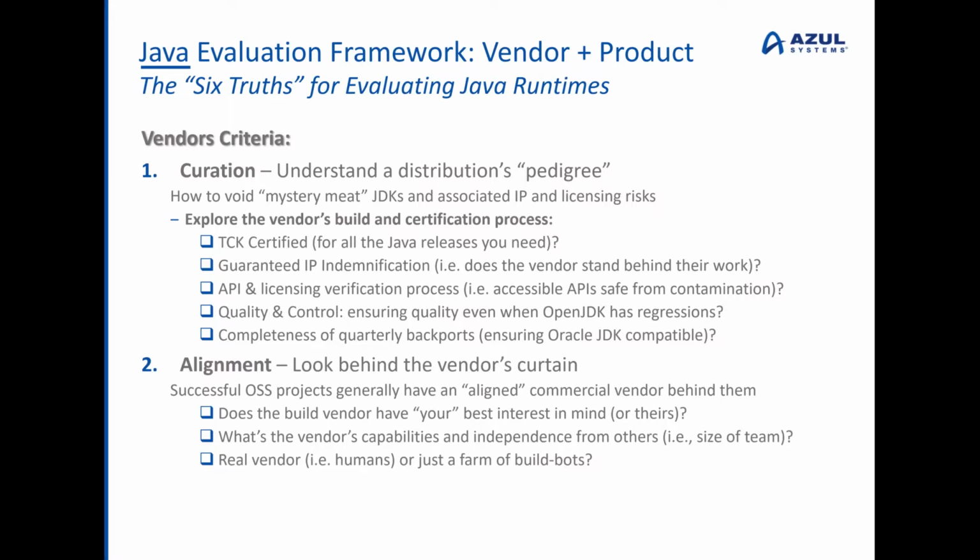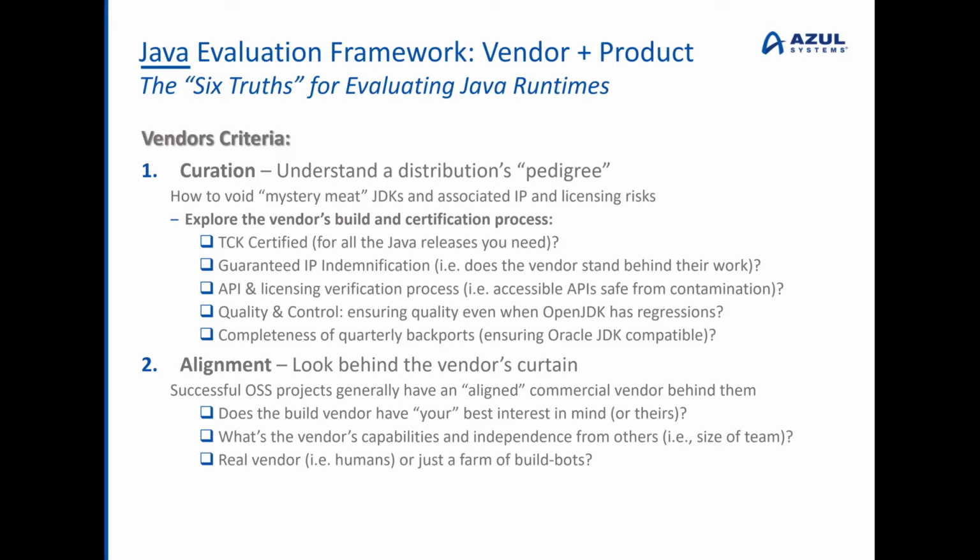The other thing to look at in a vendor is alignment. Look behind the curtain. Who is really behind a project that is building OpenJDK? Successful projects to date usually have an aligned commercial vendor behind them. So when you look at this distribution, does it come from a Linux operating system vendor that is focused on Linux, but does provide an OpenJDK distribution?